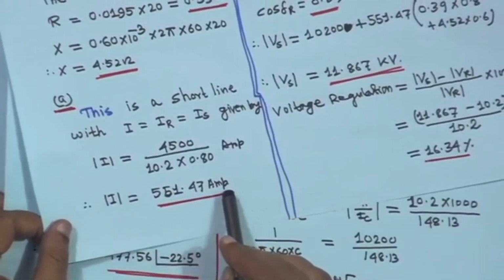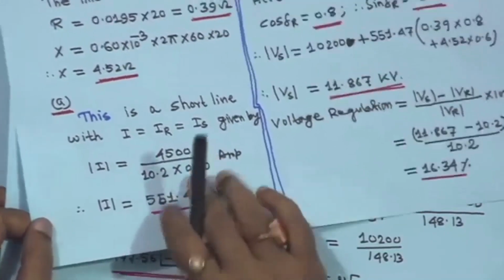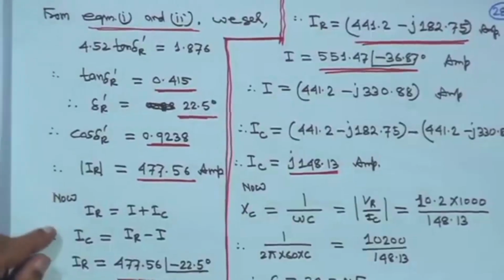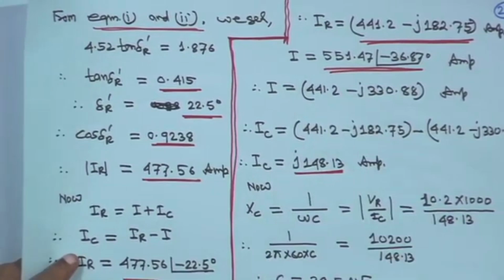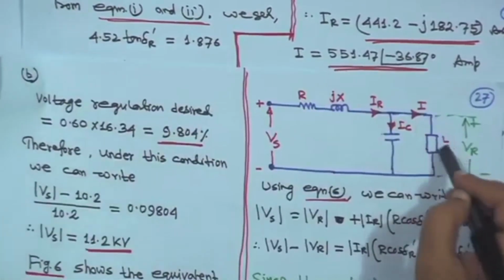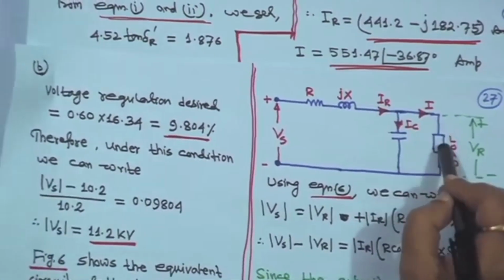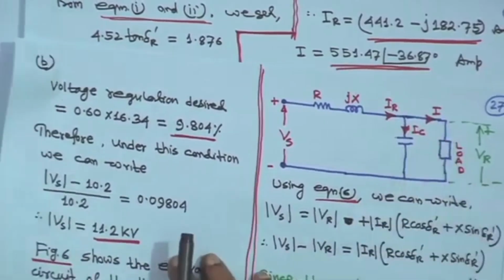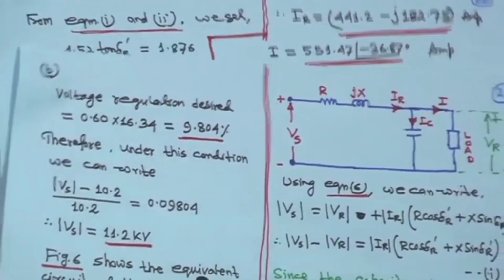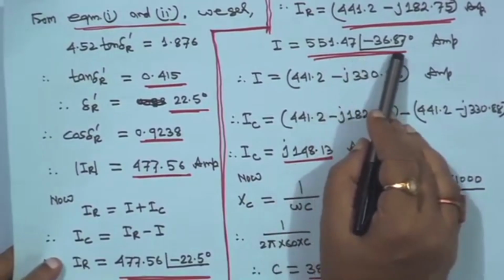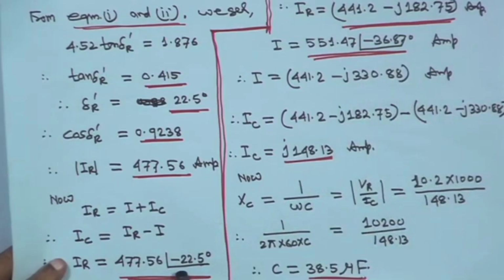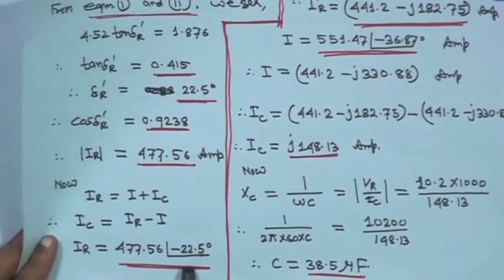551.47, and the power factor is 0.8 lagging. In the first case, this current was going to the load, because at that time the shunt capacitor was not there. So I is equal to 551.47 at angle minus 36.87 degree, and this is your Ir, that is after putting the shunt capacitor.